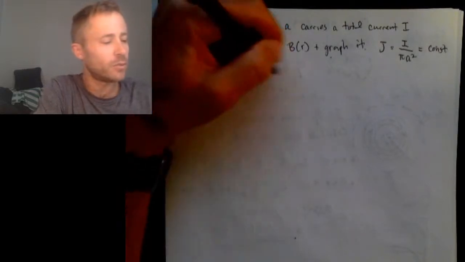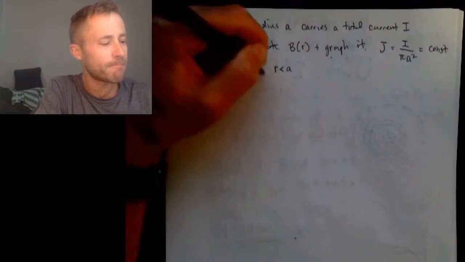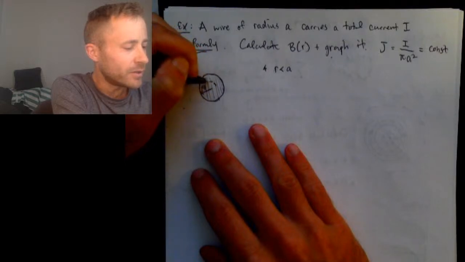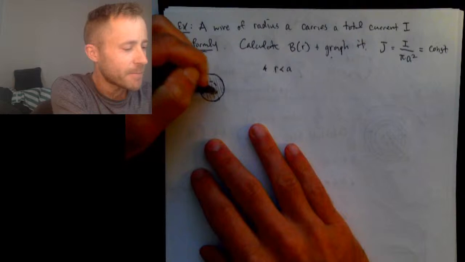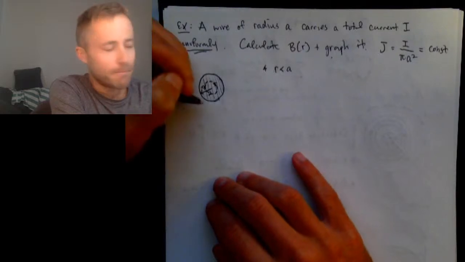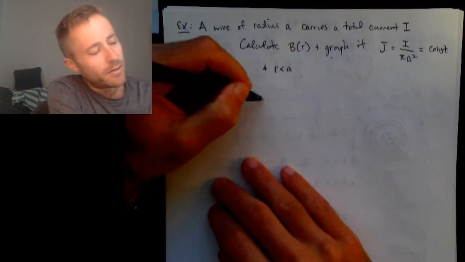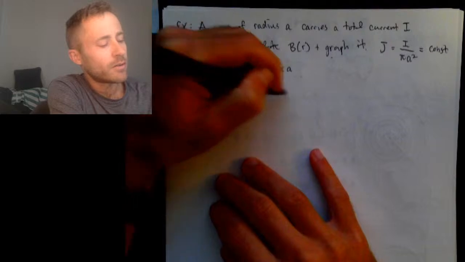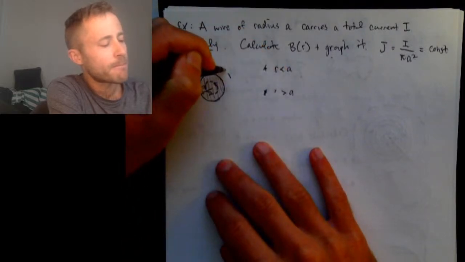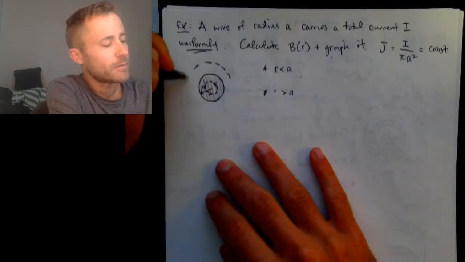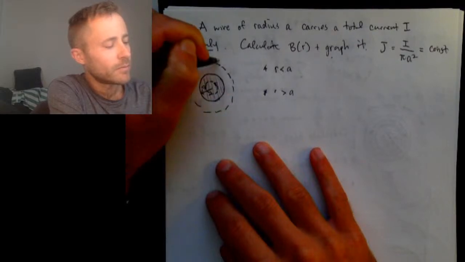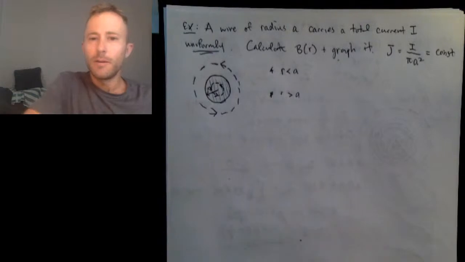The first case is when R is less than A. And in that case, you have an Amperian loop that is small, like that. And then the second case of interest is when you have R greater than A, like that.